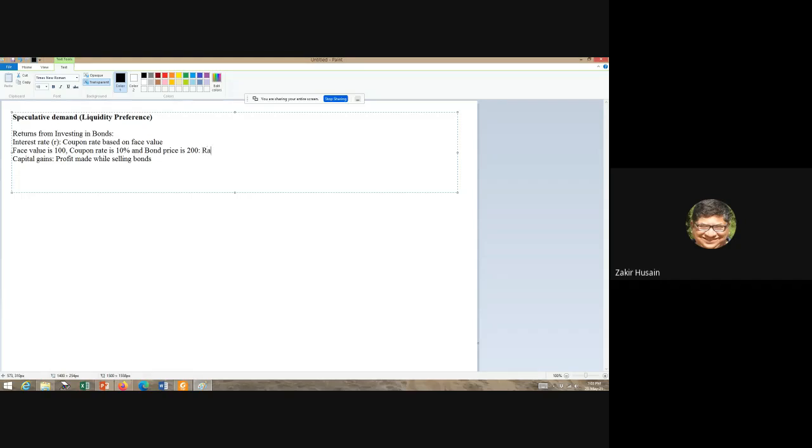What is the effective rate of interest? Prithviraj, yes, sir. তোমার what is the effective rate of interest? Sir, 110. It is 110 after 1 year. Why?